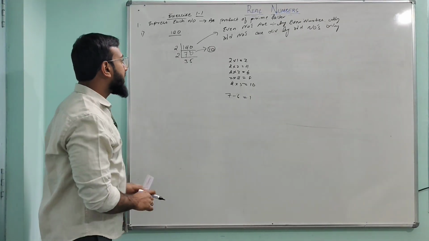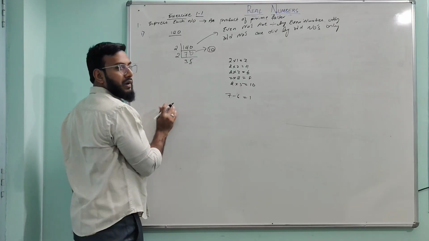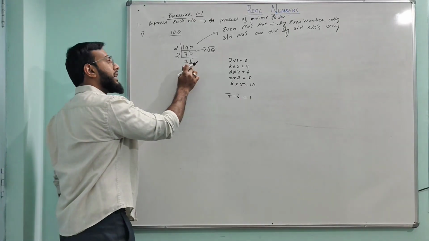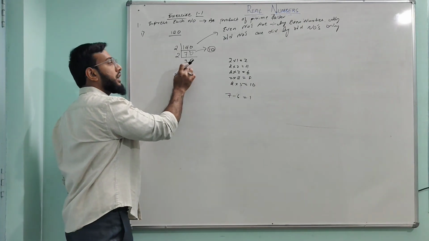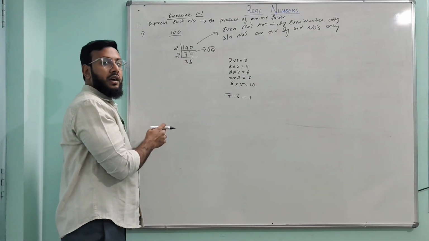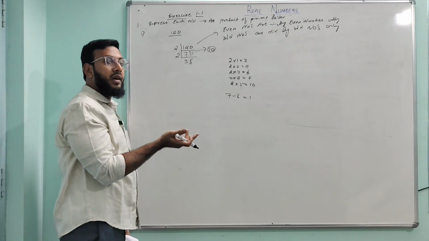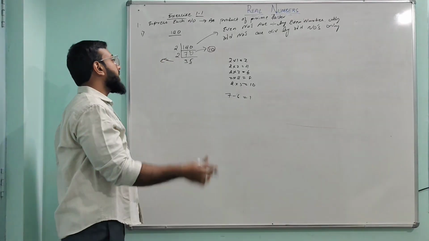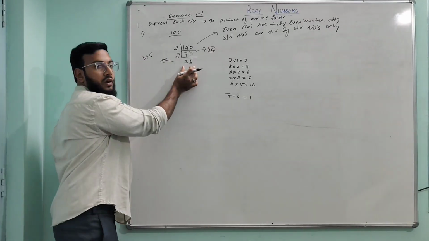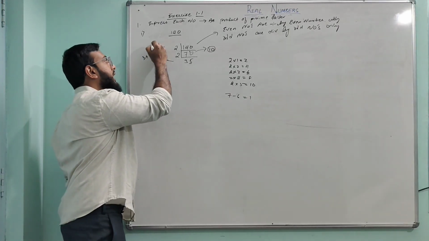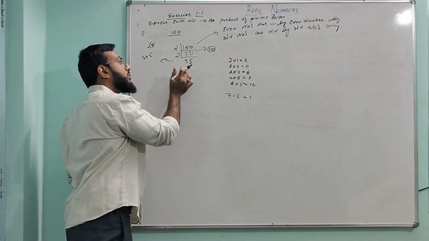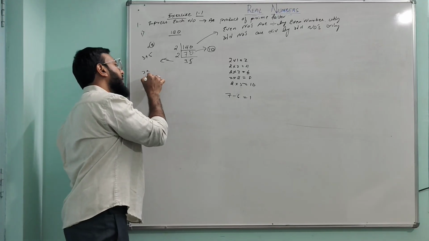Further, we know the unit place has 5. It is not divisible by 2, correct? Neither will it be divisible by 3. How to check it? I told you. 3 plus 5 is 8, and 8 is not divisible by 3. We have just learned all the divisibility rules, right? If the digit sum is divisible by 3, the whole number is said to be divisible by 3, but it is not possible by either 2 or 3.